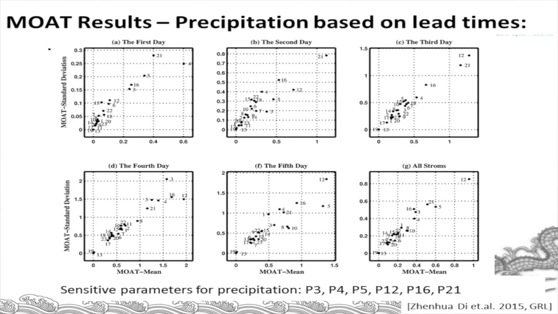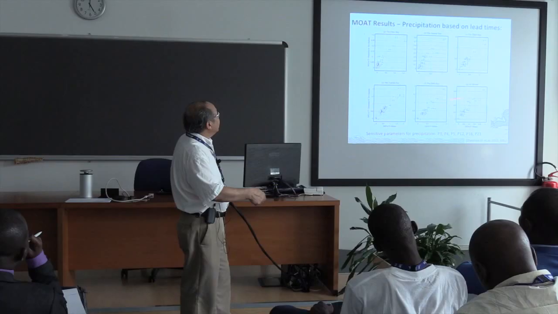For the 5 days combined, it is 12, 5, 21, 16, 3 and 2. Basically, if you look here, it's very hard to read right now, but those 6 parameters tend to stand out as the 6 most sensitive parameters, no matter which day you look at.